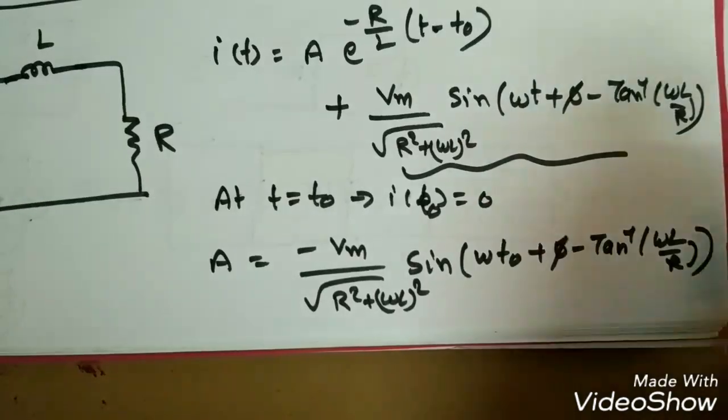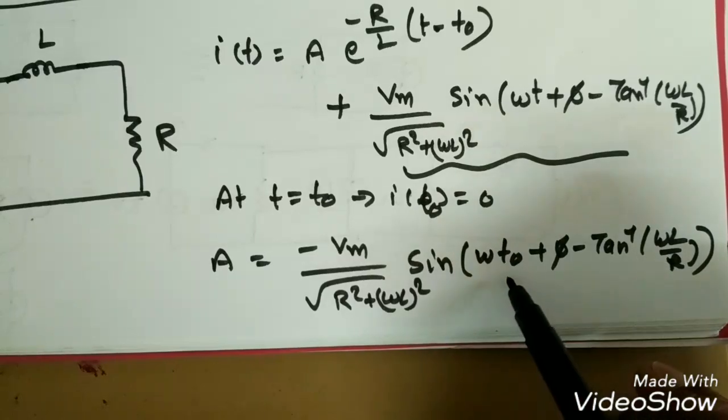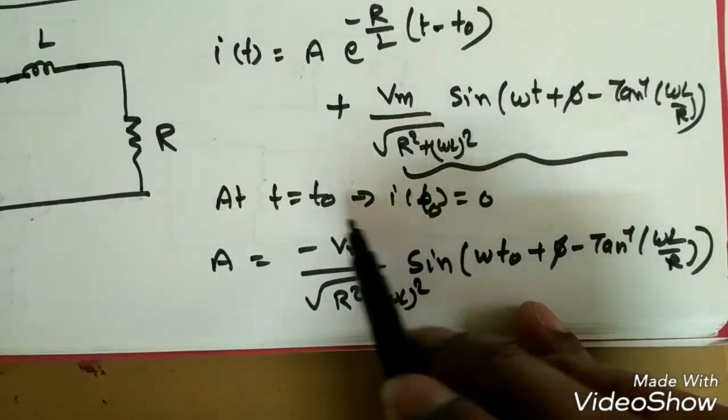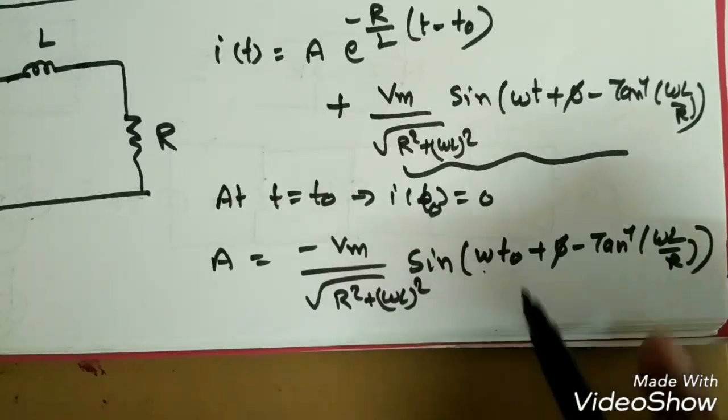Now if you see in the previous case at t equal to 0 we got sine of 0 plus pi minus tan inverse omega L by R. Now it is at t equal to t naught, so omega into t naught. So the total response now will become like this.